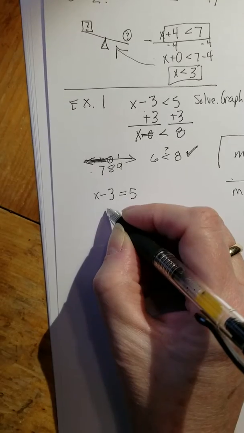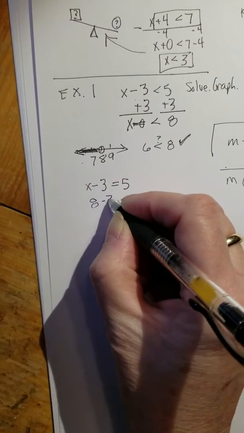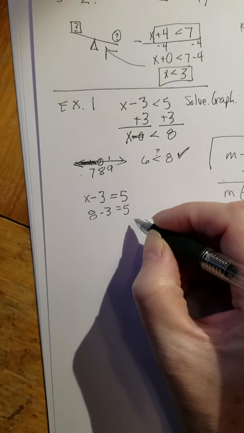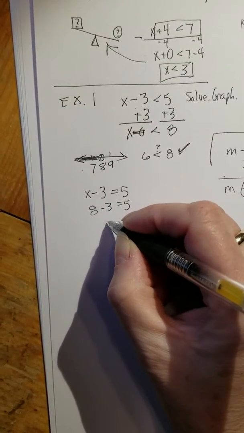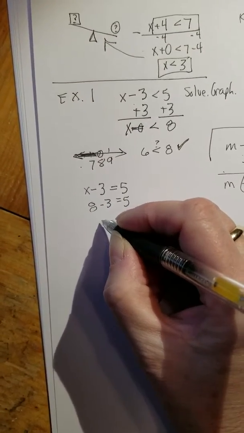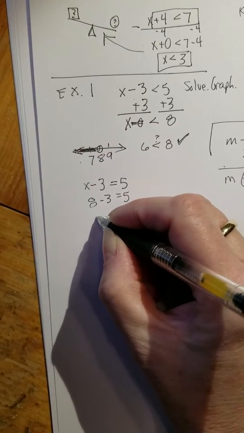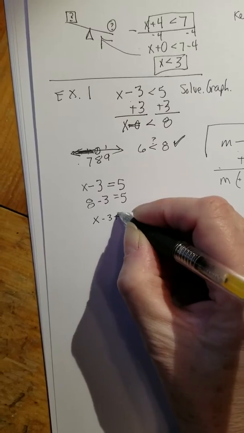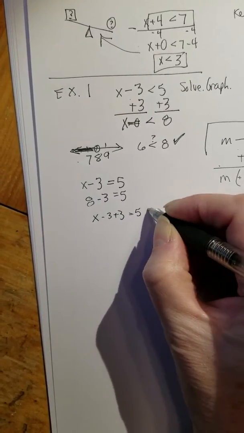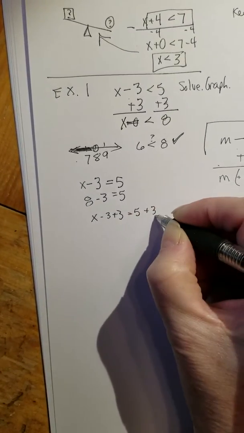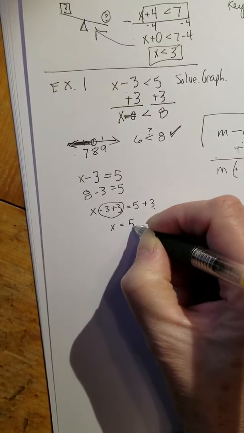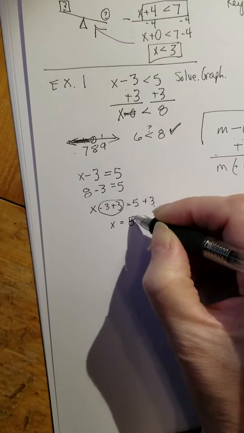If we put 8 in, 8 minus 3 does in fact equal 5. This is one of those fact families, which also means that x minus 3 plus 3 is equal to 5 plus 3 because we added to both sides. So x equals 8, 5 plus 3.